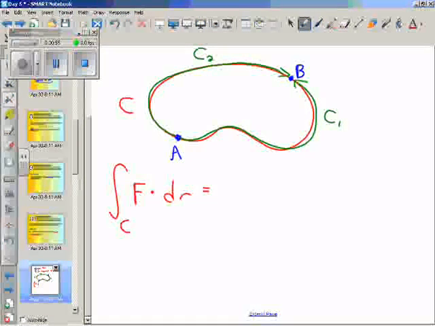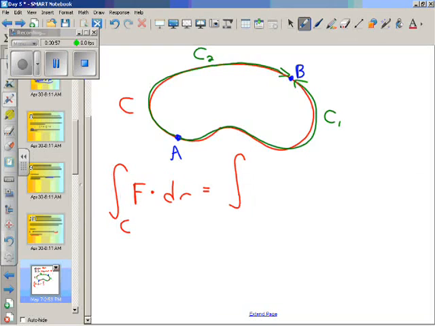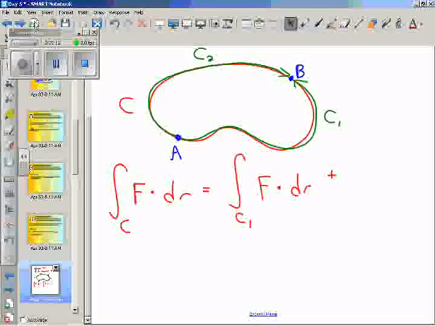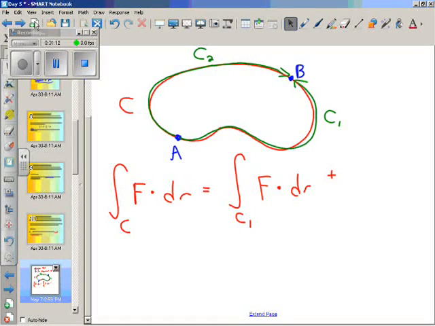So what we have to do is integrate along C1. And then notice to get from B to A going this way, now we're coming over here, so we're going this way. This is going to be negative C2.